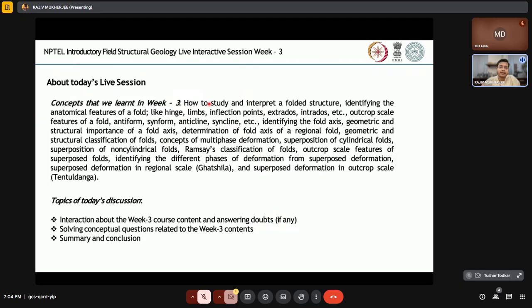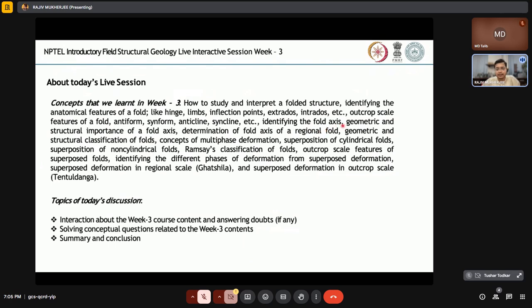In week 3, basically we started with how to study and interpret a folded structure, identifying the anatomical features of a fold like hinge, limb, inflection points, extrados surface, intrados surface, etc. Outcrop scale features of a fold and how we generally identify them as antiform, synform or anticline and syncline, etc. And then identifying the fold axis, which is of course an imaginary axis which defines the relation between the limb and the hinge and the axial plane of the fold.